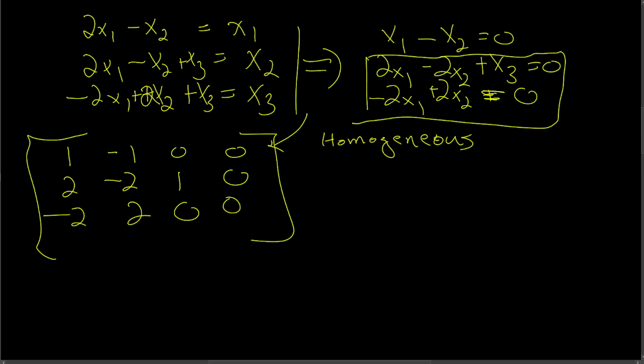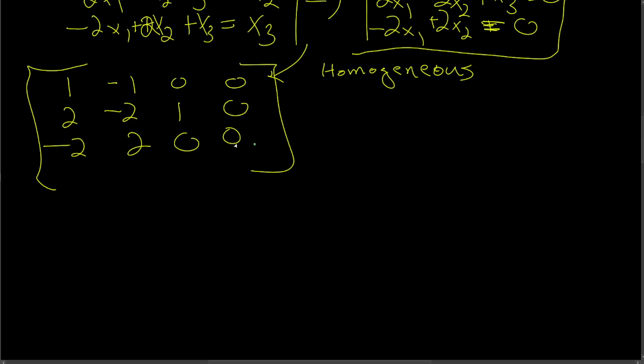And the resulting answers actually tell us a lot about the coefficient matrix. But right now, we have a pivot here, so I'm going to clear down the pivot. We're going to take row 1 times -2 and add it to row 2, and take row 1 times 2 and add it to row 3.